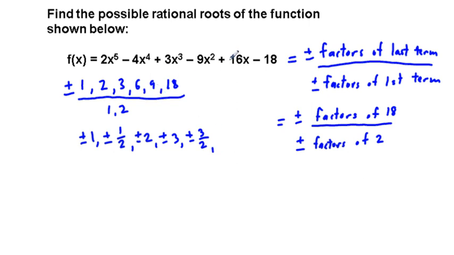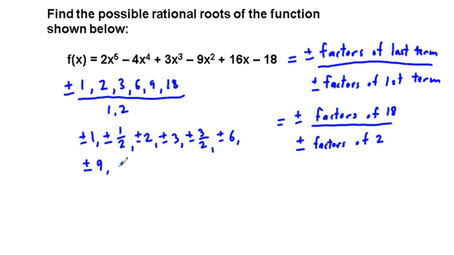Okay, and then, let's see, 6. Well, we have 6 over 1, so that's going to be plus or minus 6. And 6 divided by 2 is 3, so we already have 3. So now we're going to go to the 9. We have plus or minus 9 over 1, which is plus or minus 9.